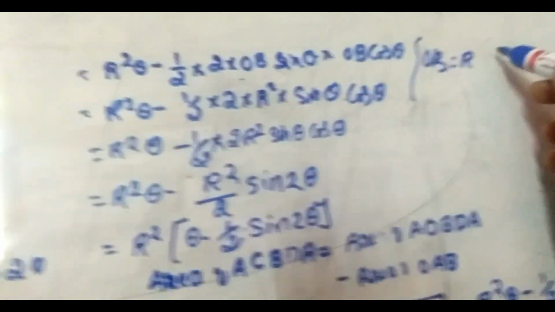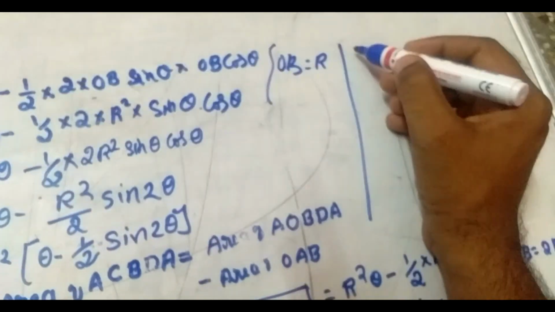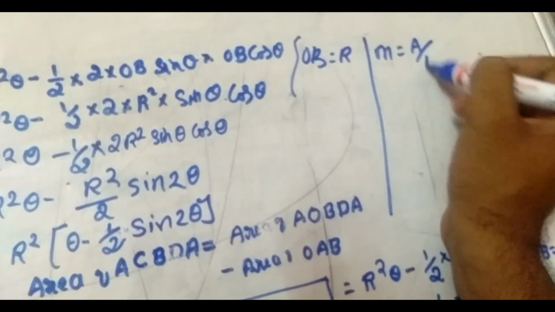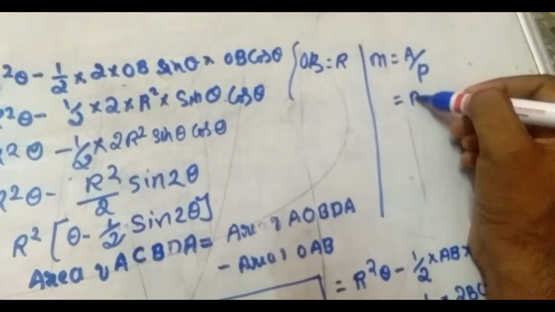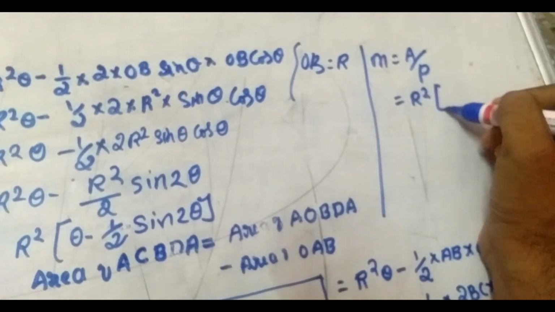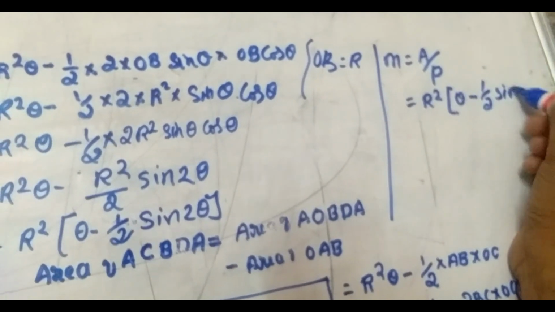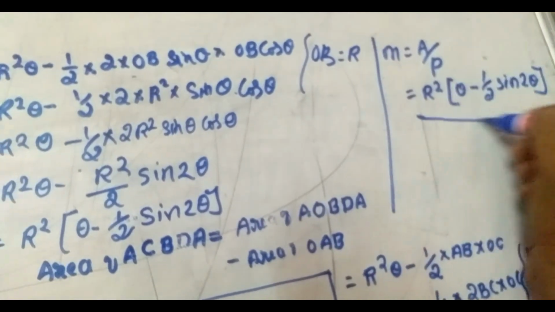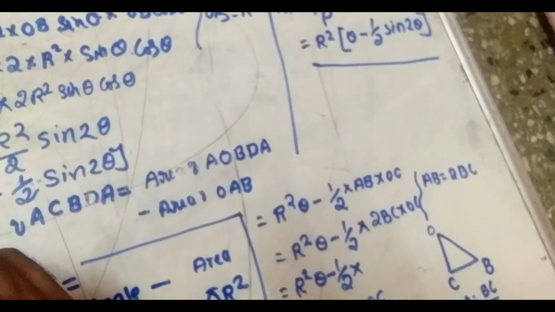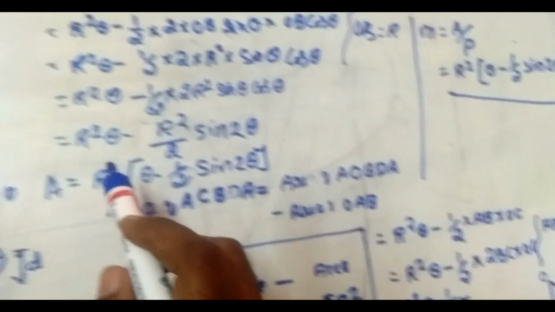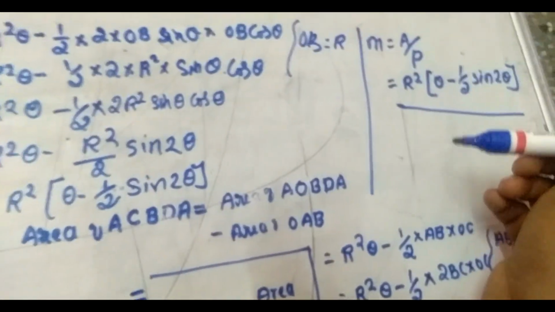Next, hydraulic mean depth m is equal to A by P. We know the value of A is r²θ minus half r² sin 2θ, divided by the perimeter.